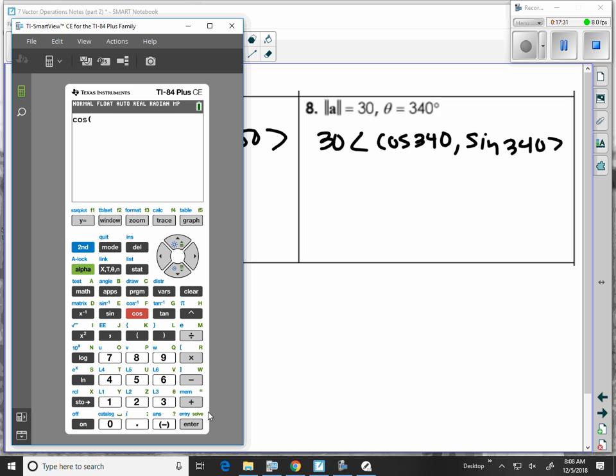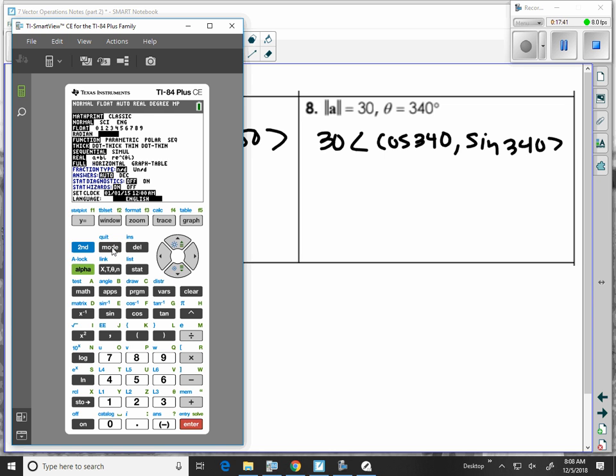Let's make sure we're all in the right mode. Go to mode, which is right here at the top, and make sure degree is highlighted. Make sure that happens first.